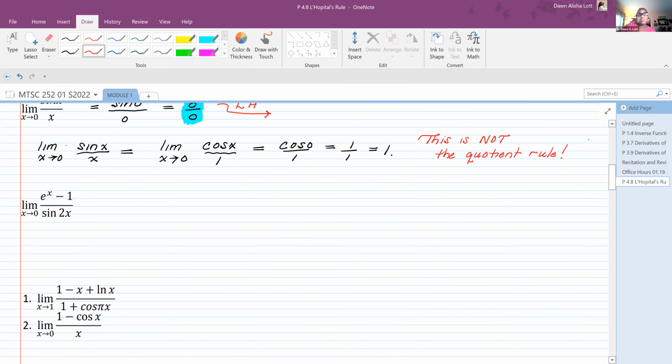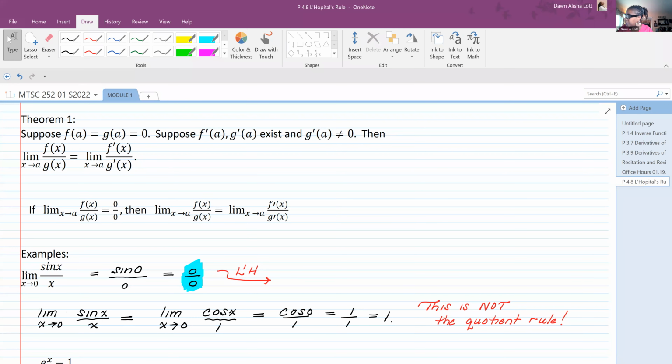It is simply to take the derivative of the top function and divide by the derivative of the denominator, and evaluate those. It is not the quotient rule.